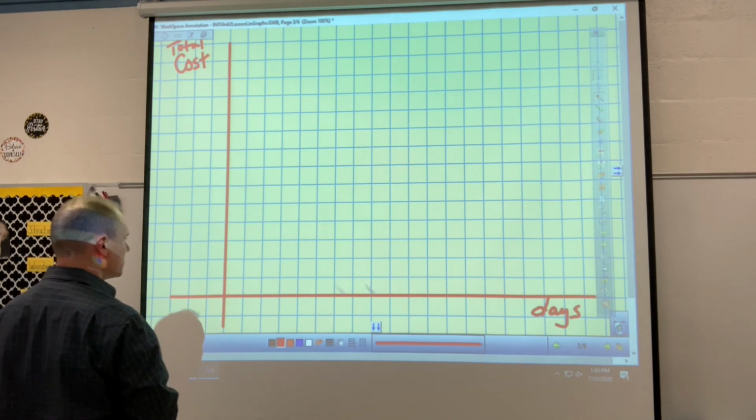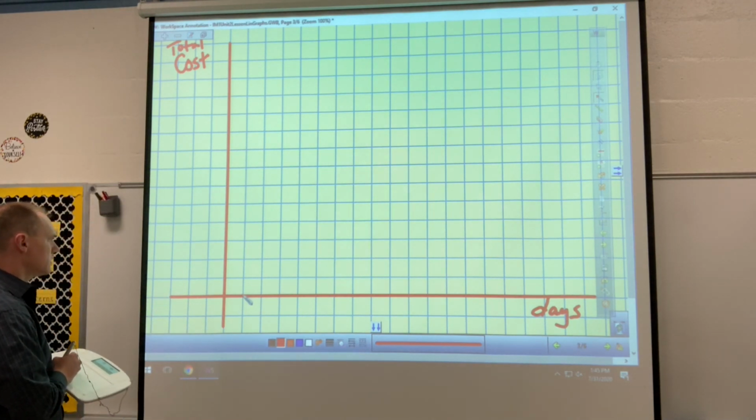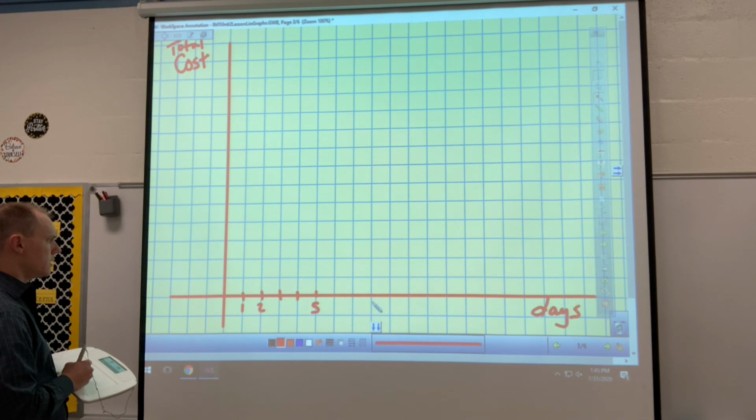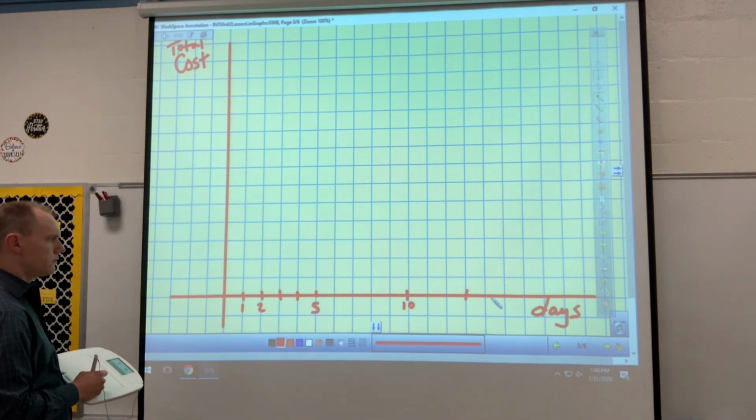Now, I'm going to use different scales here. So for days, I'm just going to have it, each one. So this is 1, 2, 3, 4, 5, 6, 7, 8, 9, 10, 11, 12, 13, 14, 15.